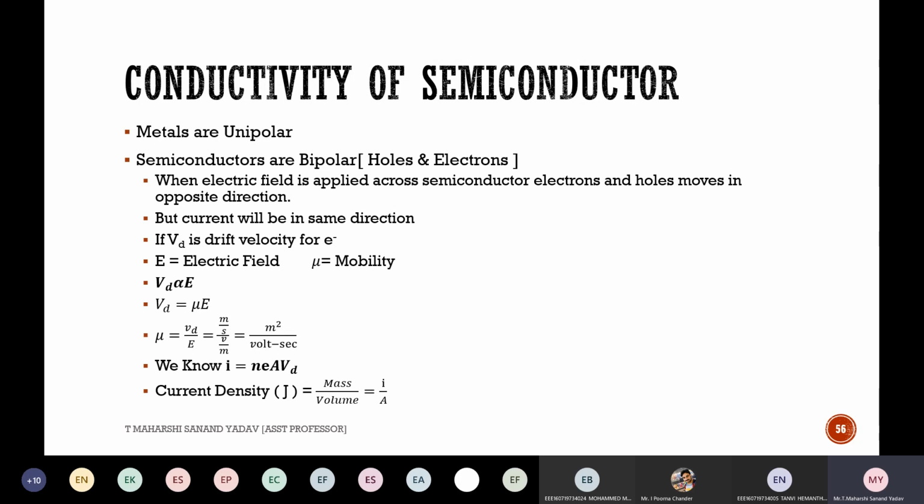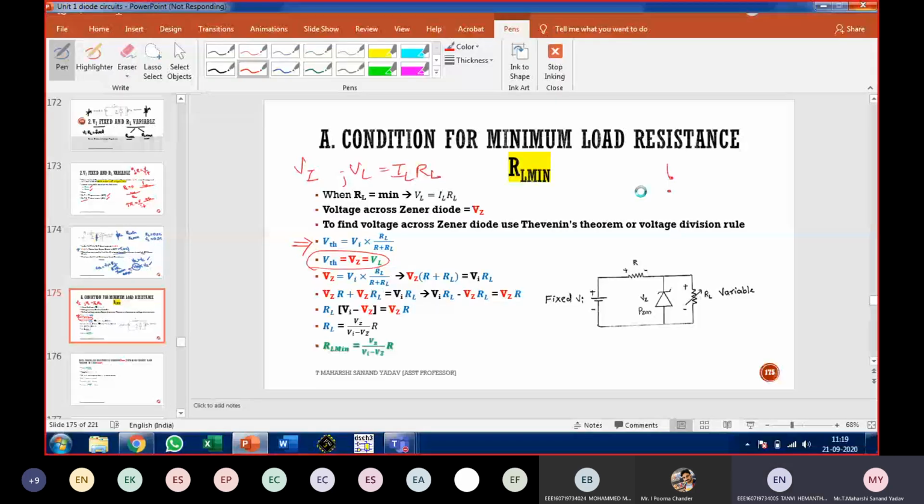Now, can I write VTH as VZ directly? Yes. So VZ is equal to VI into RL by R plus RL. Now try to solve this and find the value of the load resistor RL.